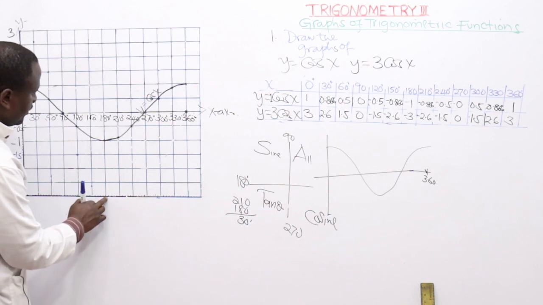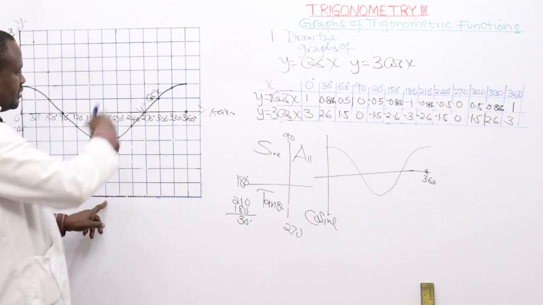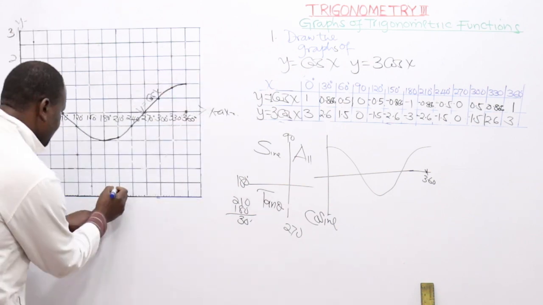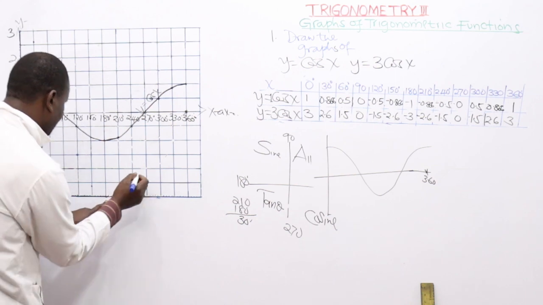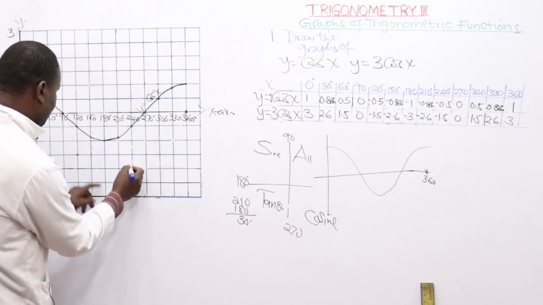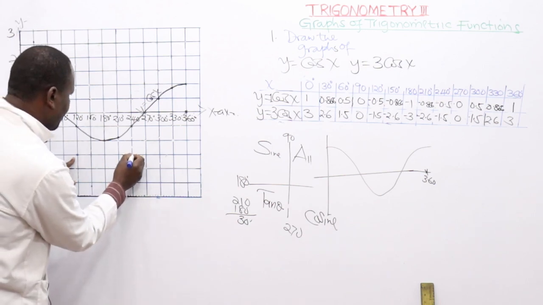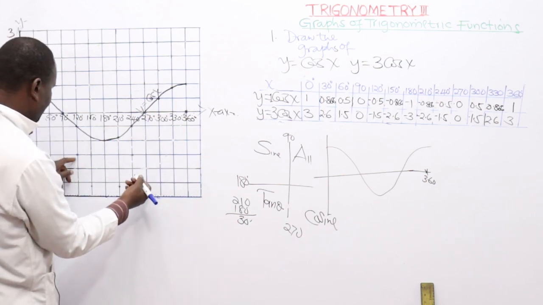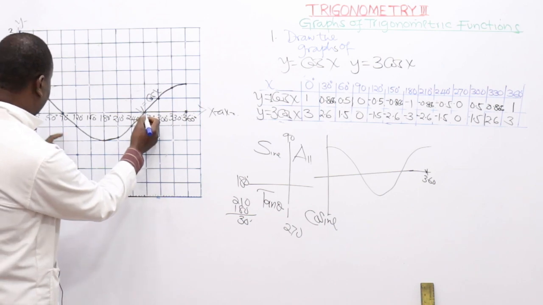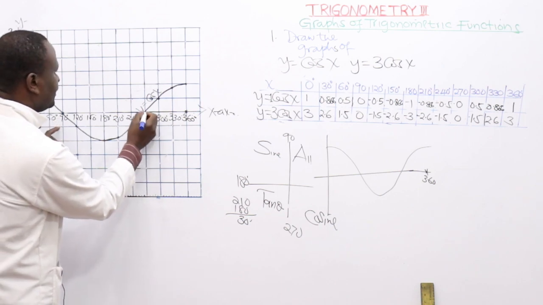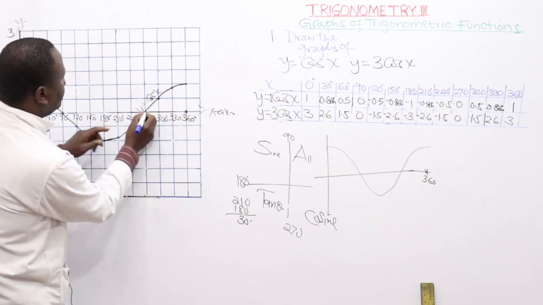So the rest, they start repeating themselves. Should be easy to plot now. You just check where the opposite is, because they repeat themselves. 270 is like now 90 is 0.